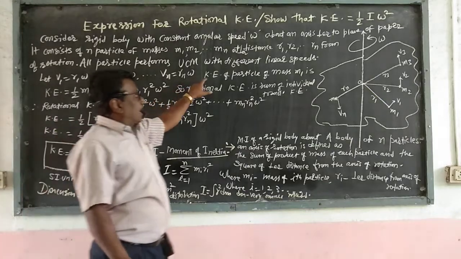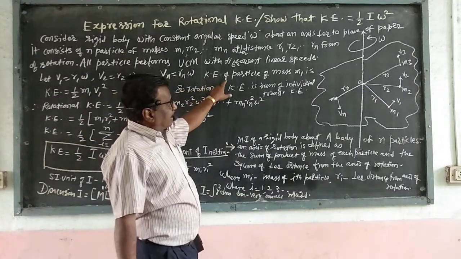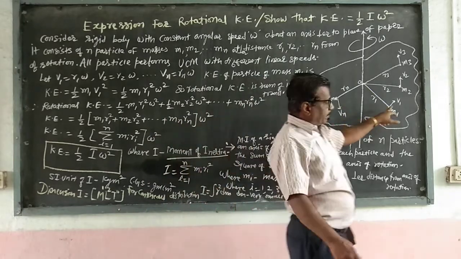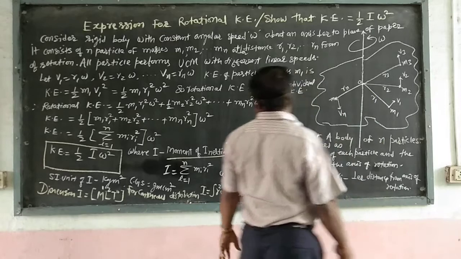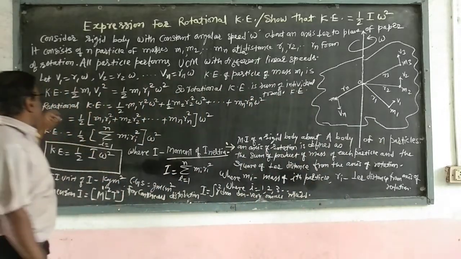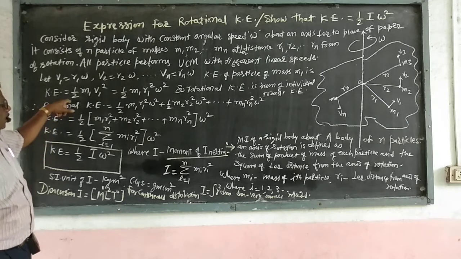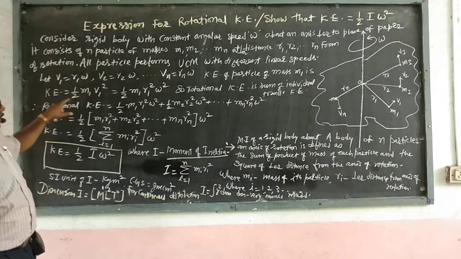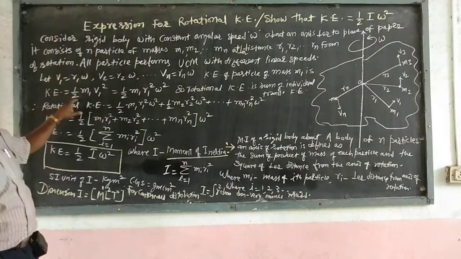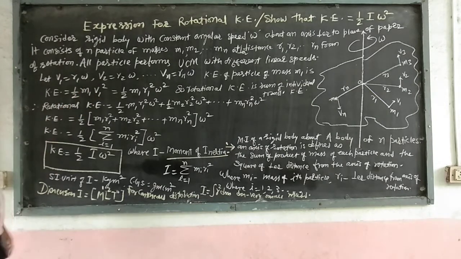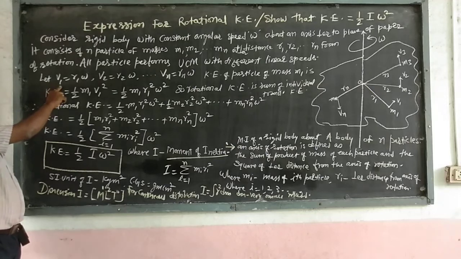So the kinetic energy of the first particle, of mass m1, is given by the formula kinetic energy equal to 1/2 m v square. For the first particle, kinetic energy equal to 1/2 m1 v1 square. Now substitute the value of v1 which we calculated earlier.